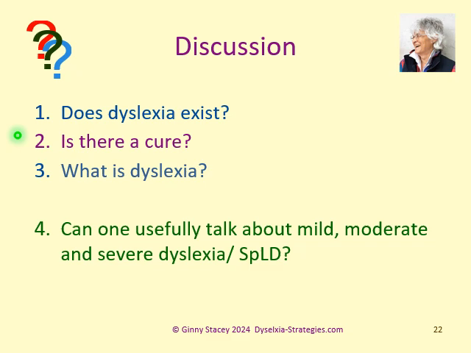It's not like short or long-sightedness, where you can have a set of glasses, a prescription that deals with your long or short-sightedness, and that's the problem solved, maybe only solved for a few years, but it's basically solved. Dyslexia-SpLD is not like that. So talking about mild, moderate, and severe doesn't actually fit the lived experience.